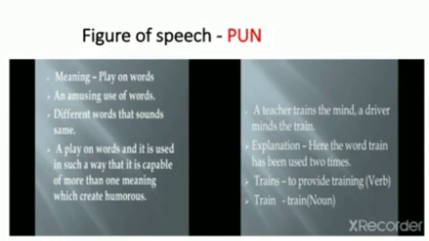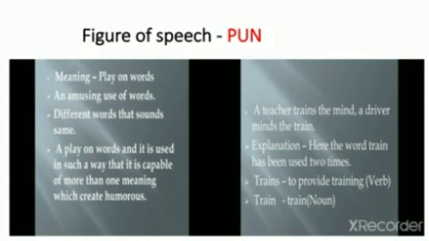While in the second part of the sentence, a driver minds the train. Here train means the vehicle, which is a noun over here. So this sentence is an example of pun. That means amusing use of words in the same sentence to create humor, to arouse curiosity for one to listen to and hear the sentence.